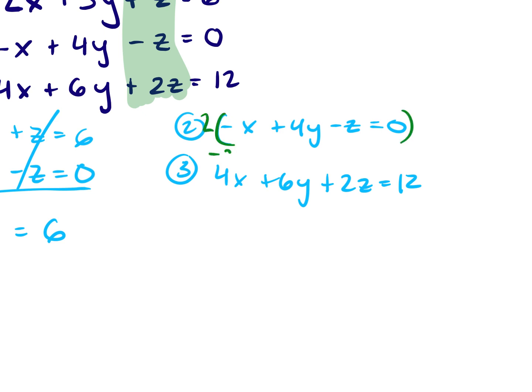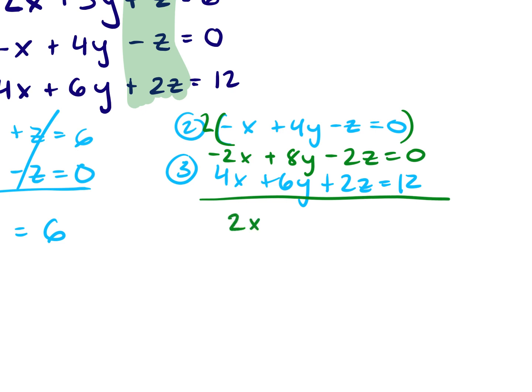So this turns into negative 2x plus 8y minus 2z is equal to 0. So we have 2x plus 14y. Z's cancel, and it's equal to 12.